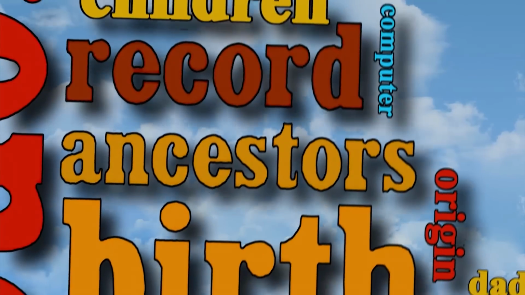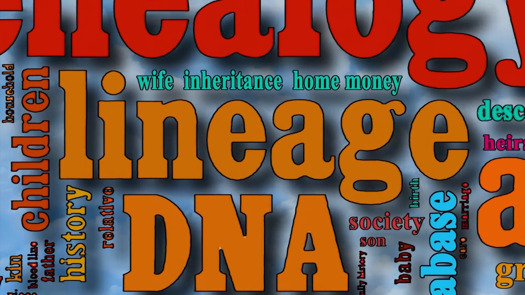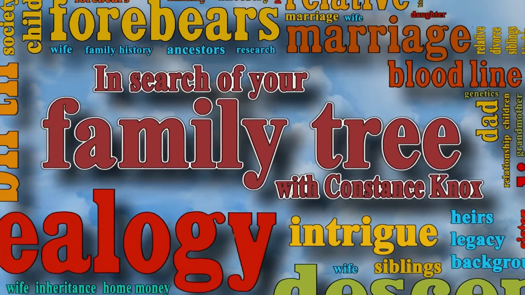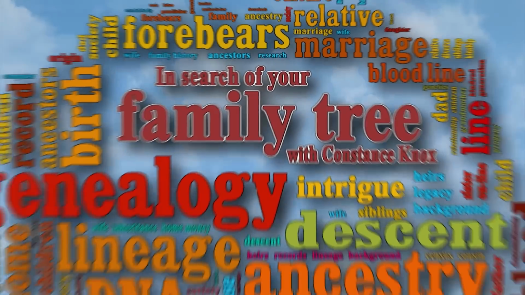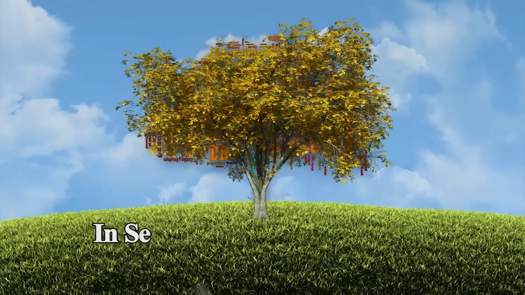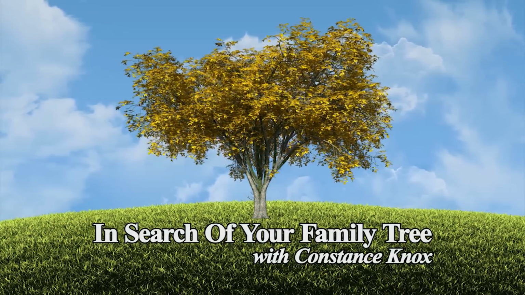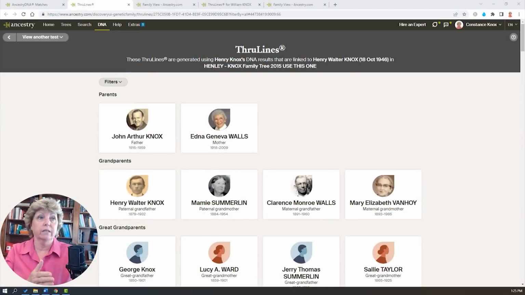All right, so we're going to jump over to the computer and learn a little bit about Ancestry's ThruLines. All right, today we're talking about ThruLines, and really we're going to take a step back and briefly explain what ThruLines is and how it works.